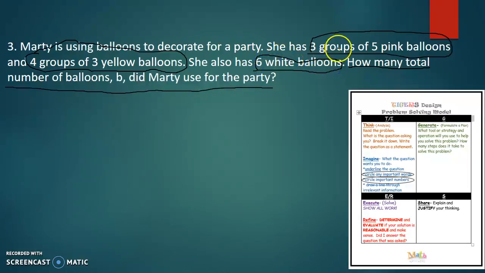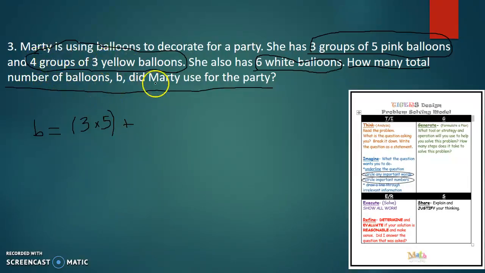So let's put our information together. So 3 groups of 5. So that means B equals 3 times 5, because I have 3 groups of 5 in it, which is 3 times 5. And it's telling me I bought some more stuff.